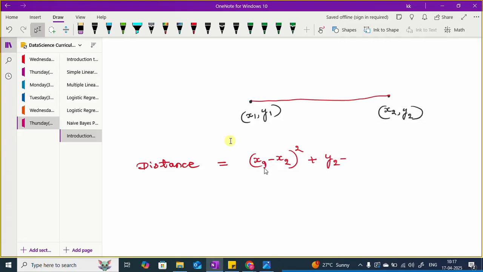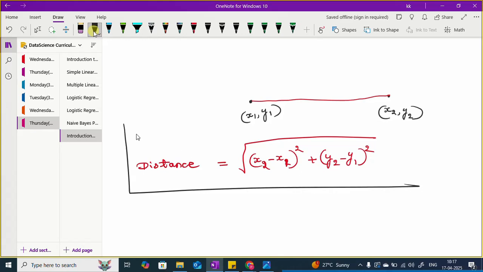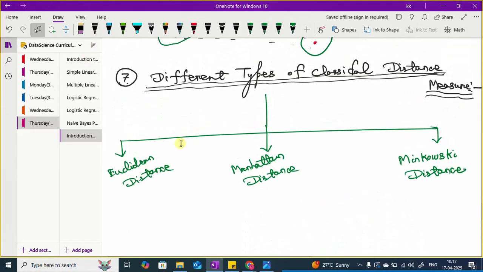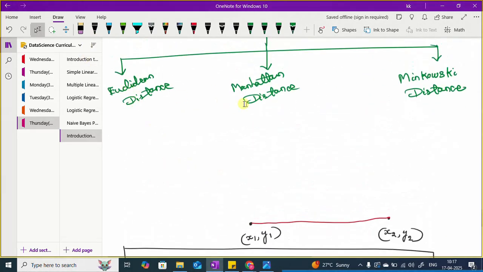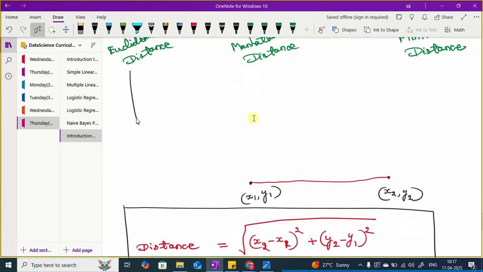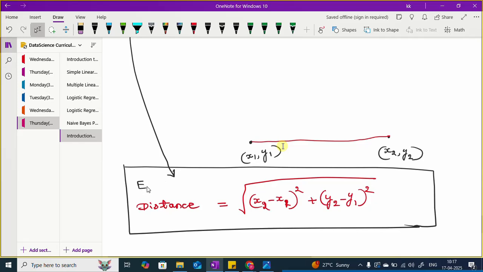Or I can use the reverse, x2 minus x1 squared; it does not matter because we are squaring, so it never comes negative. Have you seen this type of formula in your childhood? I hope so, because I have learned it in mathematics, guys. This is the formula of one of the distances, called Euclidean distance. So let me write it down here. We call it Euclidean.